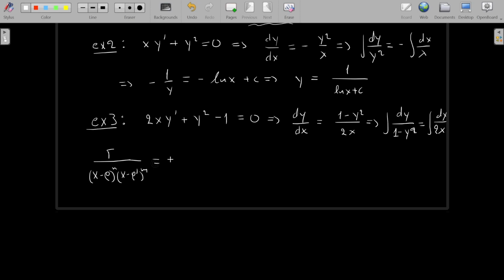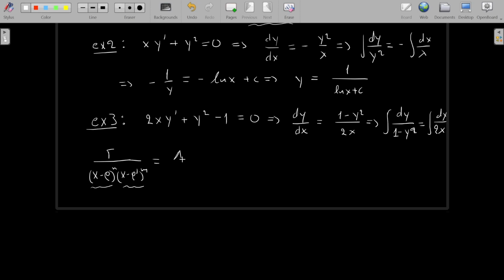This can be separated into multiple fractions and written in a way that makes the integral much easier to solve. The common practice says that if you have real roots of multiplicity n, you will get the same amount of fractions with constants on the numerator.